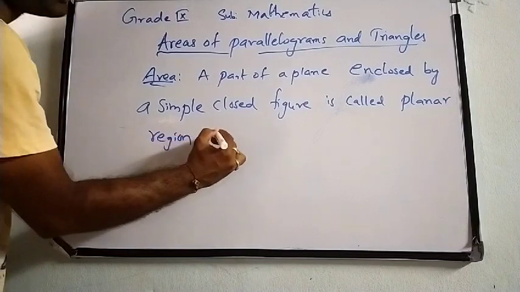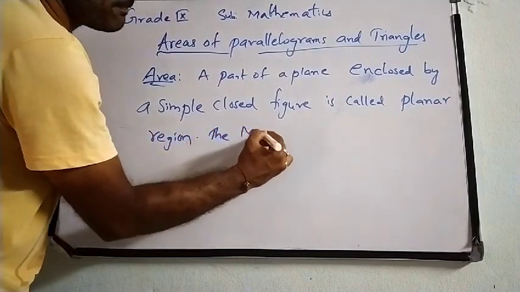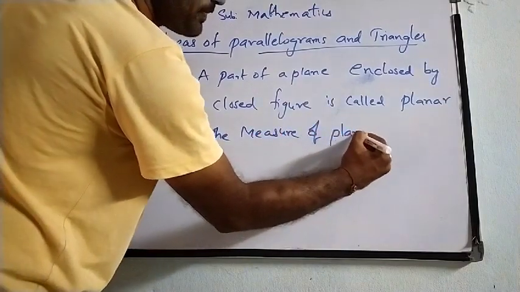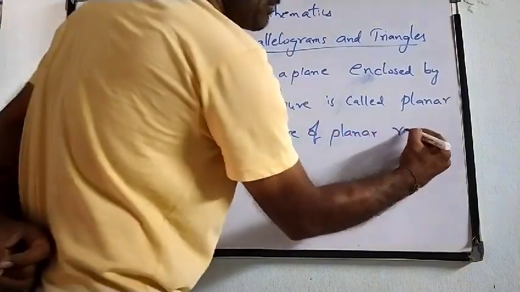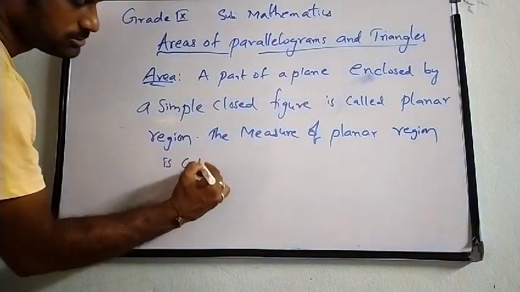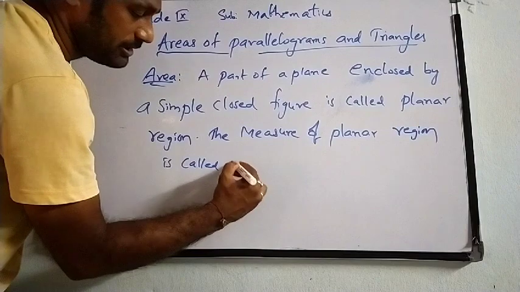The measure of the planar region is called area.